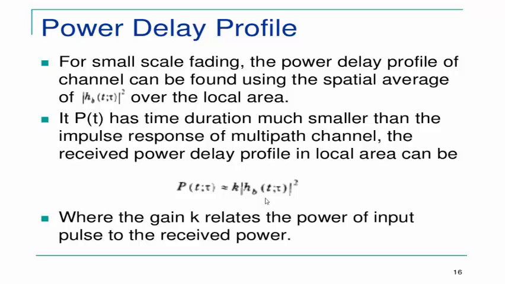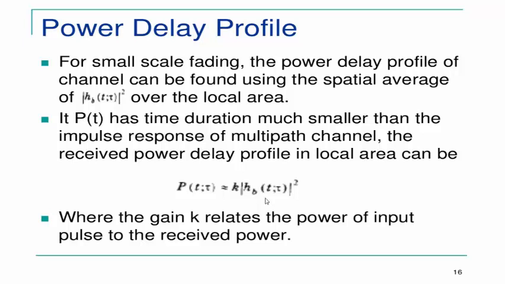Then, the power delay profile. For small scale fading, the power delay profile of the channel can be found using the spatial average of the impulse responses over the local area.